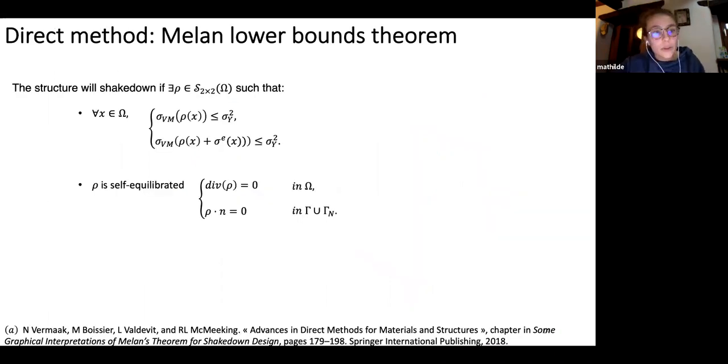But actually, we can characterize shakedown through direct methods, and especially Melan's lower bound theorem, which says that a structure will shake down if there exists a stress rho such that this stress remains in the circle, so it satisfies the van Mises condition, and this stress plus the ideal elastic stress remains in the circle.